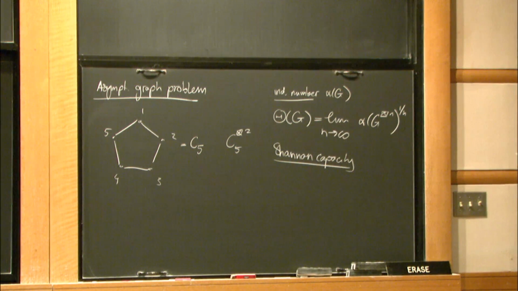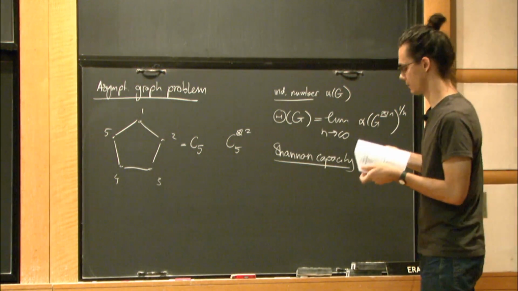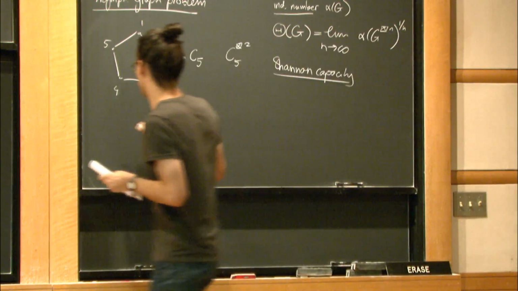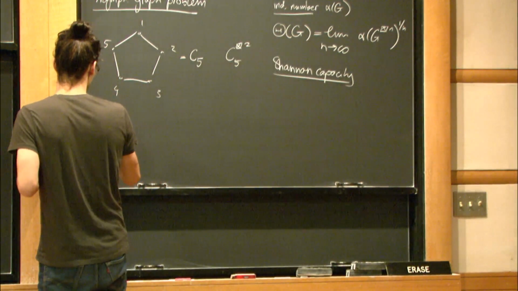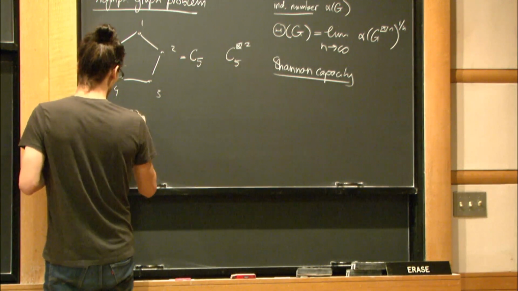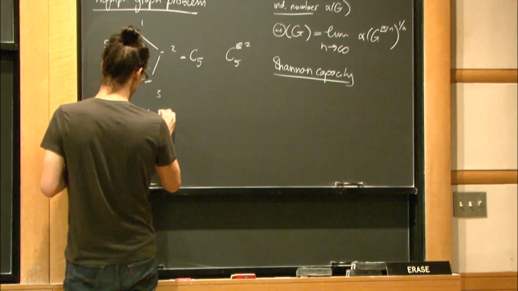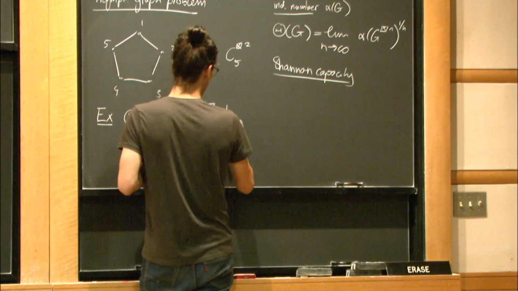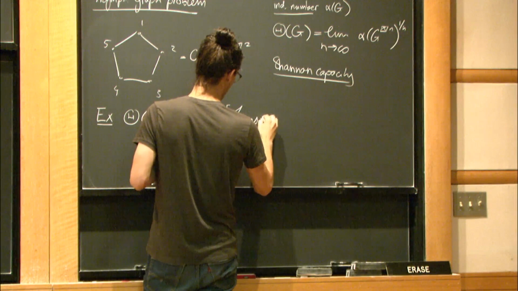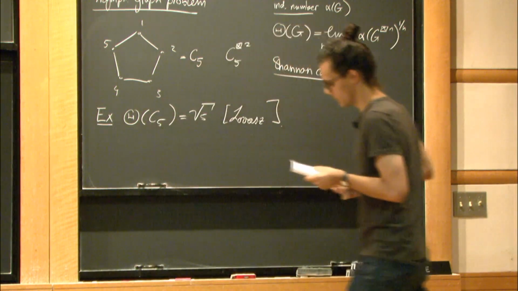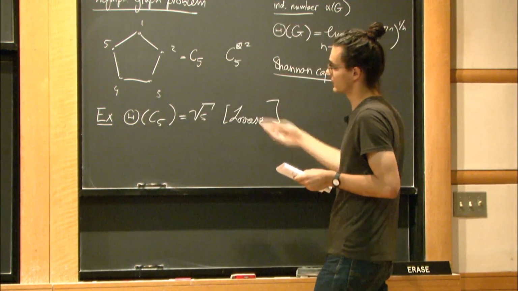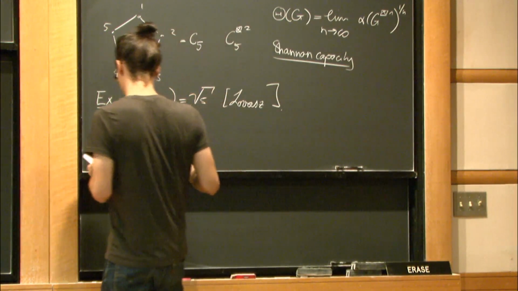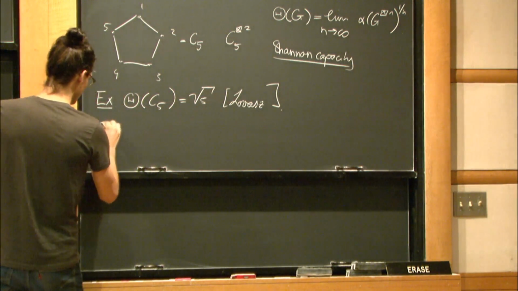All right. Let me give an example that shows the state of the art. For this 5-cycle, we know what the Shannon capacity is. It is in fact the square root of 5. That's a result of Lovász. But for example, if we go to the 7-cycle, so I take the same graph with 7 elements, we don't know what the Shannon capacity is.